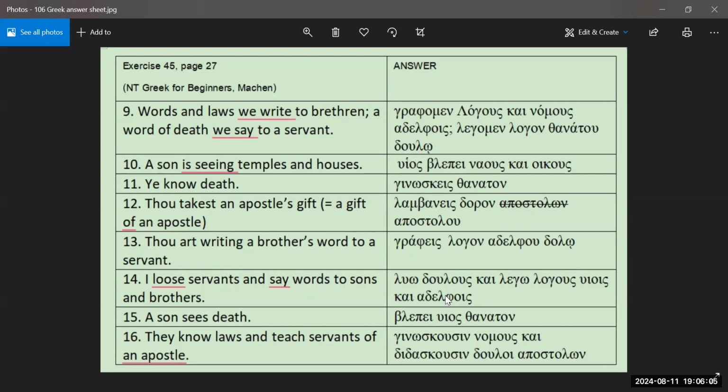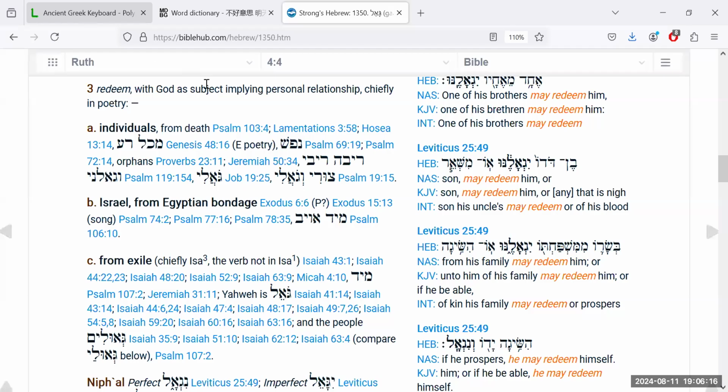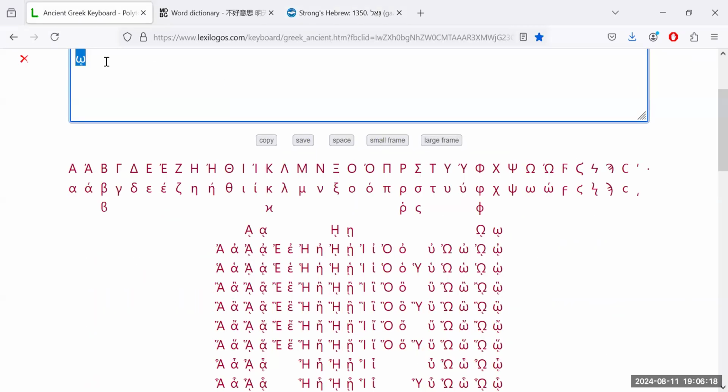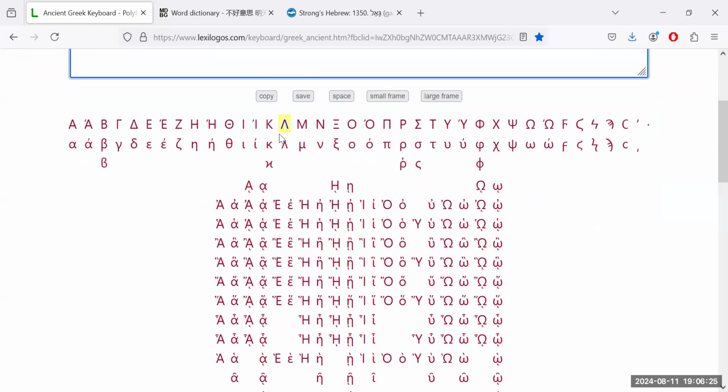And on the Lexilogos, I'll bring this up now. Just bring up the software for this. Okay, again, if you're using this, and I think this is what most of you are using, it's the Lexilogos multilingual keyboard. You've got your main alphabet letters through here, the big letters, the capitals, and then you have the small letters through here, with some of them having accents.